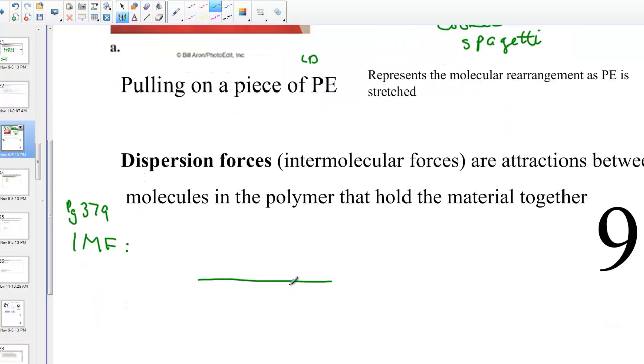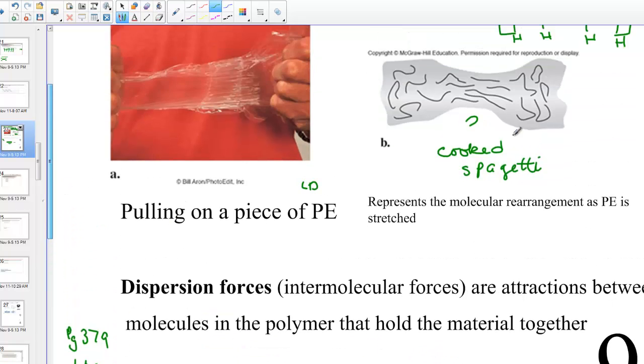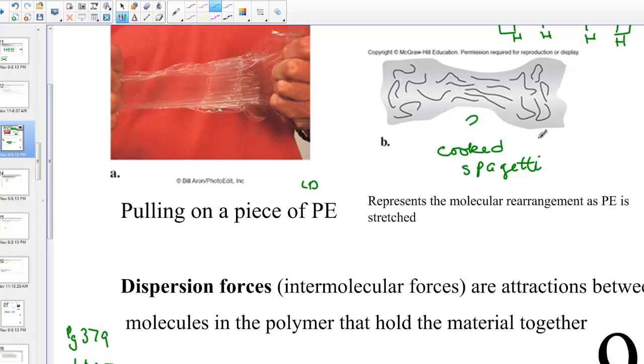To be high density polyethylene, to create very rigid structures, these molecules simply lie on top of each other in a very organized fashion. The high density polyethylene is a very organized stack. The low density polyethylene is very disorganized, as in a plate of cooked spaghetti.